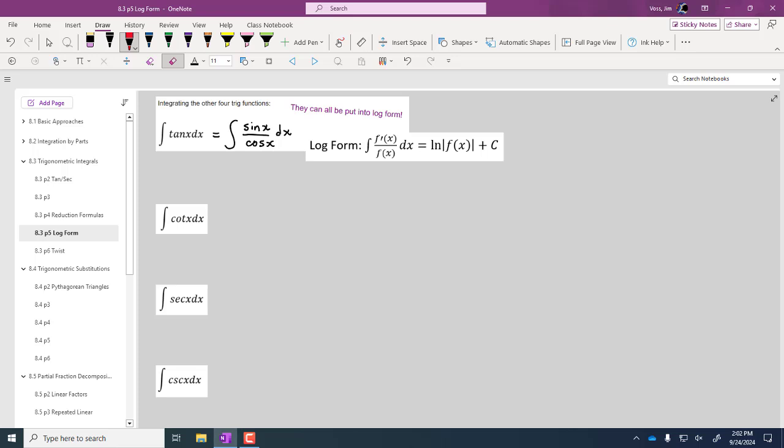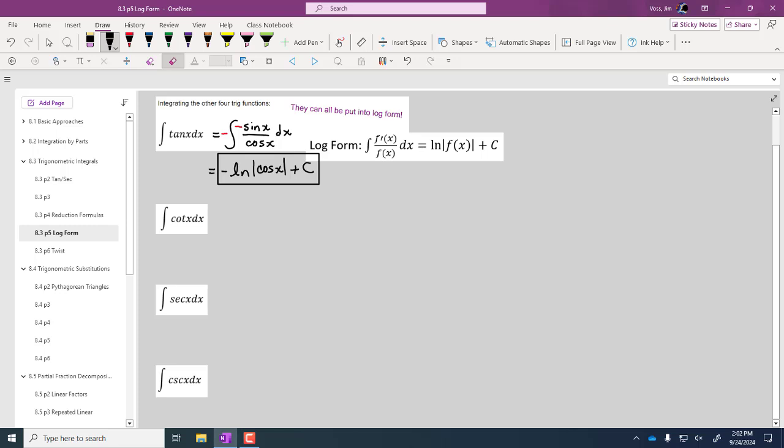So we're going to put a minus sign up there in the numerator. Now it's in log form. But if you put a minus sign up there in the numerator to offset it, you've got to put a minus sign out in front so that you're multiplying by 1. Now it's in log form, and so the antiderivative here is minus 1 times the natural log of the absolute value of cosine of x plus c. So there is our antiderivative for tangent.